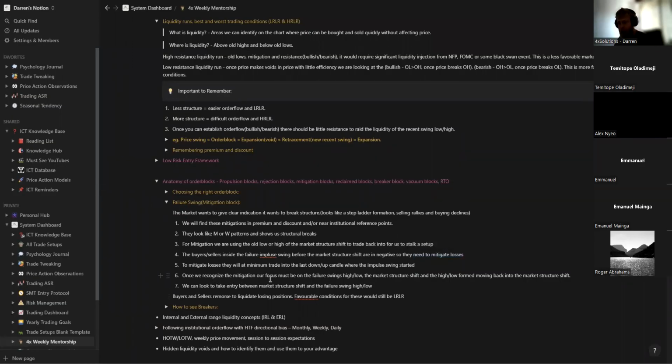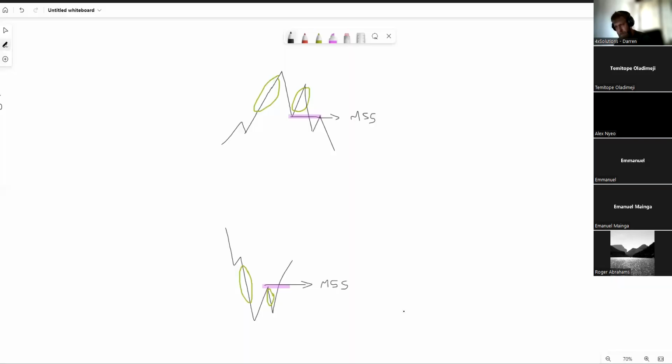Once we recognize the mitigation, our focus must be on the failure swing high or failure swing low, the market structure shift, and the high or low formed moving back into the market structure. So what does that mean? That means that when we get that structure and we get that failure swing, okay, over here is our points of interest, like this.